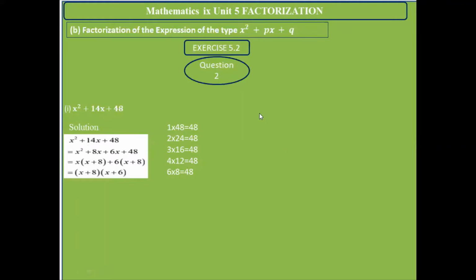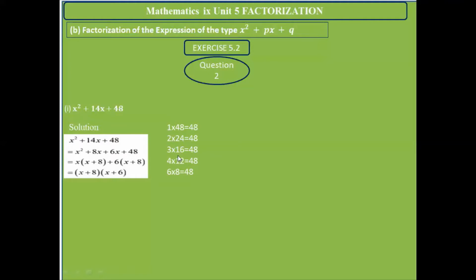Now when I divide 48 by 2, 24 times 2 is 48, it means two factors are 24 and 2. When we add these two factors we have 26, and when we subtract we have 22, which is not our requirement. When I divide 48 by 3, 16 times 3 is 48.